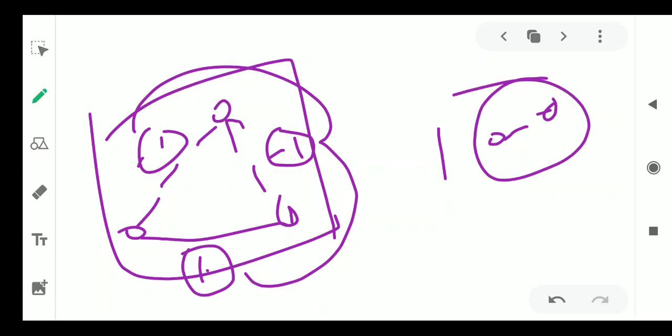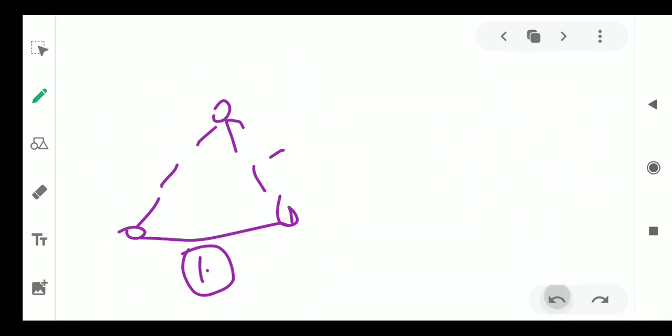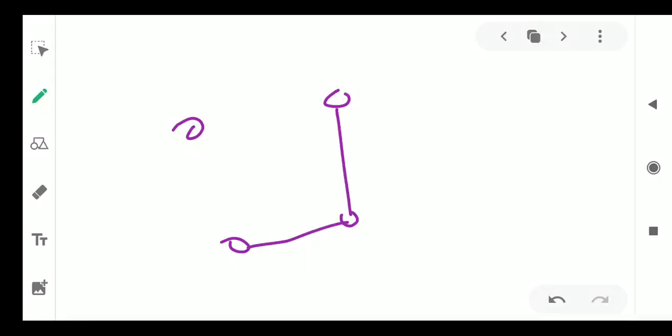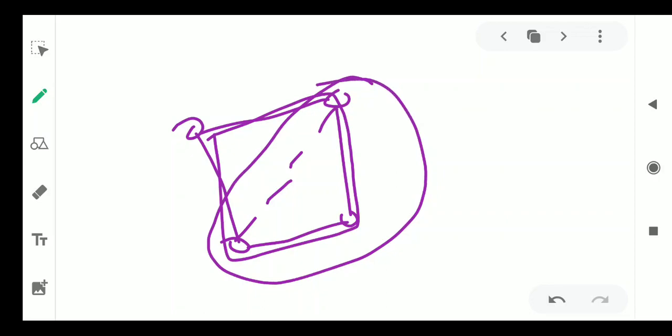Another example: this is unbalanced. Look at the outer cycle. The outer cycle is positive. But here is a cycle, this triangle, let me take this one.